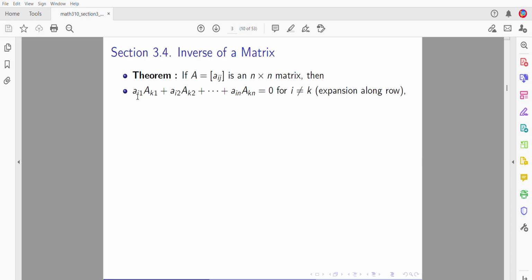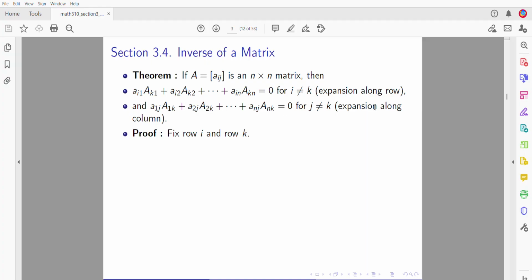So I have different row entries chosen and different cofactors chosen. If I do that, I'll get 0 no matter what. Likewise, if I use column j for my elements aij, but cofactors along column k, then also I'll get 0.